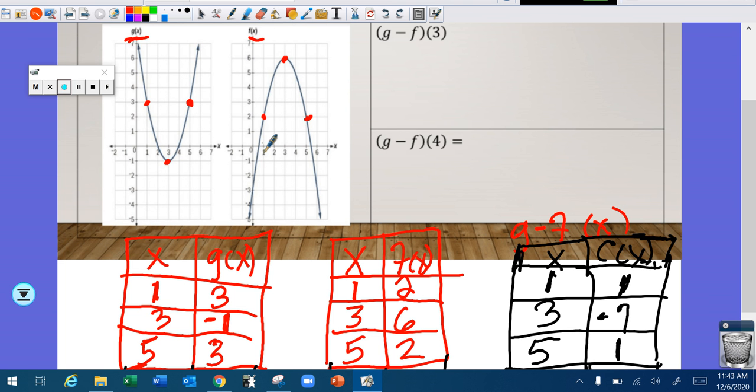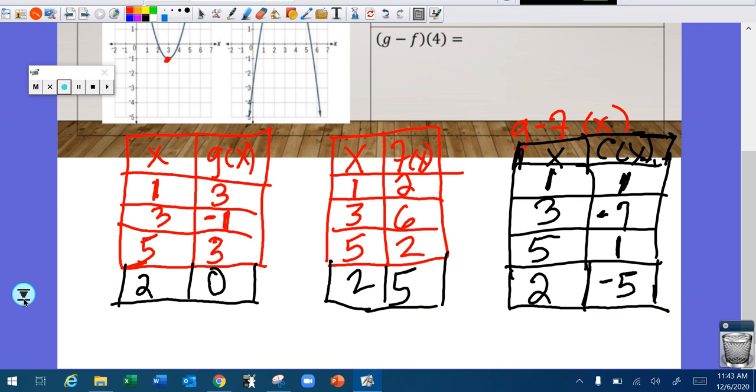So if I get 0 for both graphs, I'm going to expect that to be something close to -5.